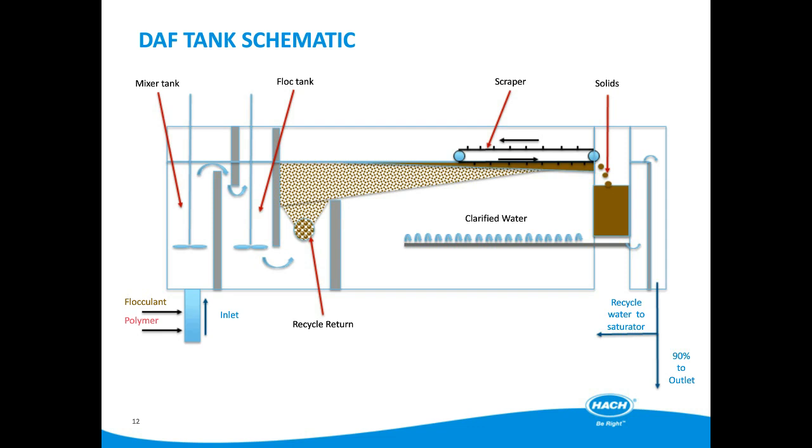The size of the microbubbles formed depends upon the pressure of the saturator and the physical dimensions of the sparger. It is the microbubbles which attach to the floc and solids and lift them to the surface of the tank. The scraper mechanically removes the floated floc and solids to prevent resuspension.